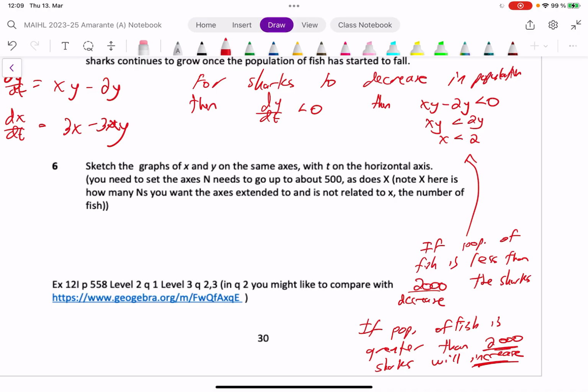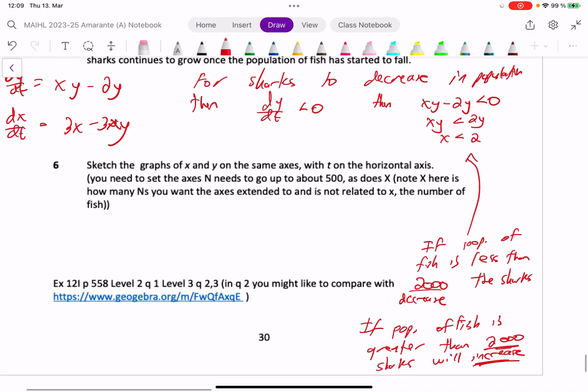So this last part says, let's sketch the graphs of x and y on the same axis with t on the horizontal axis. Here it says you need to set the axis n needs to go up to about 500, as does x. This is just giving you a note.